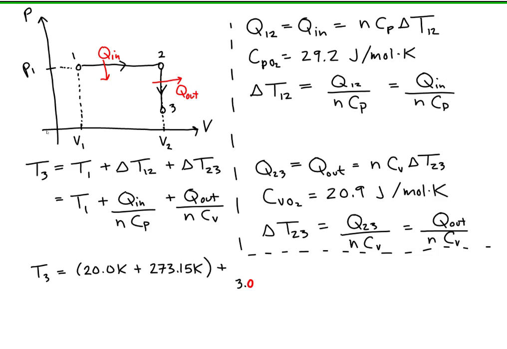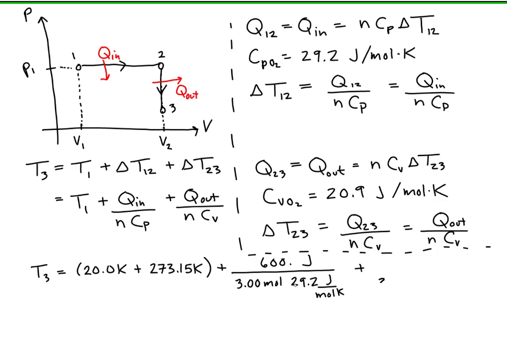Plus 3 moles of oxygen gas whose specific heat is 29.2 joules per mole Kelvin. This is under 600 joules of heat added to the system.